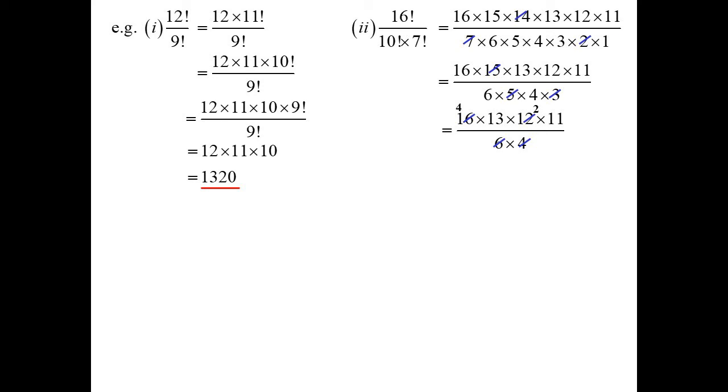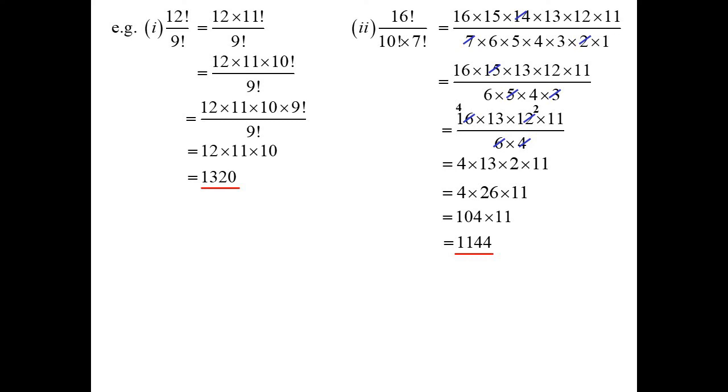But hang on, I could put the 6 into the 12, it goes 2 times, and the 4 into the 16, 4 times, and I end up with 4 times 13 times 2 times 11, which is the same as, well, I'll put the 13 and the 2 together, 4 times 26 times 11, that's 104 times 11, that's 1,144. Clearly, yes, it would be quicker to pull out a calculator and go, there's the answer.